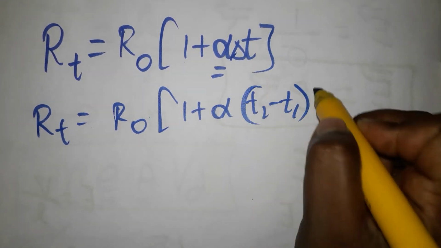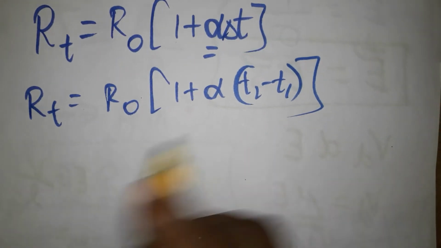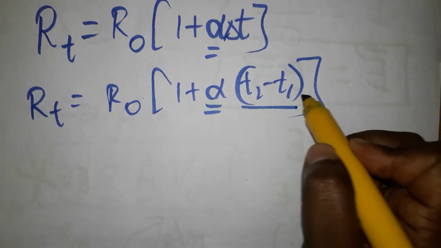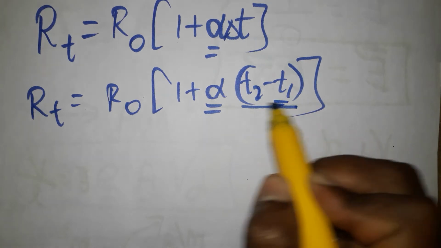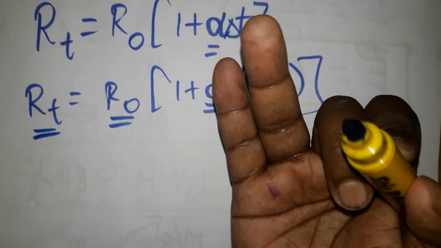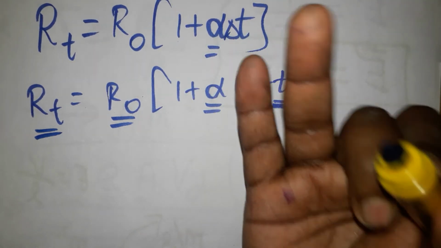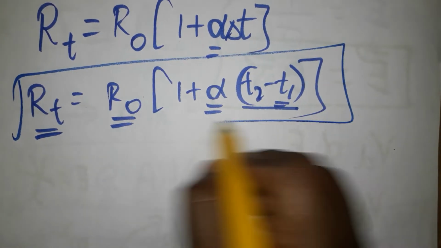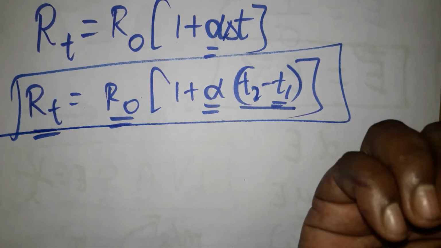It is the formula for how temperature is going to affect the resistance. T2 is the higher temperature, T1 is the lower temperature, R0 is the resistance at 0 degree Celsius, RT is the resistance at 500 or 250, whatever temperature you require, we can calculate.